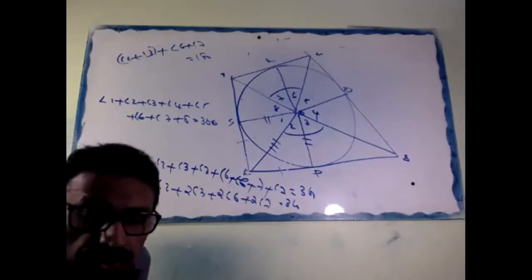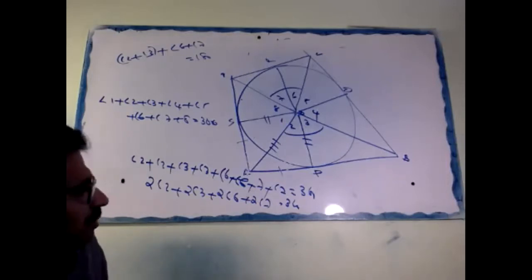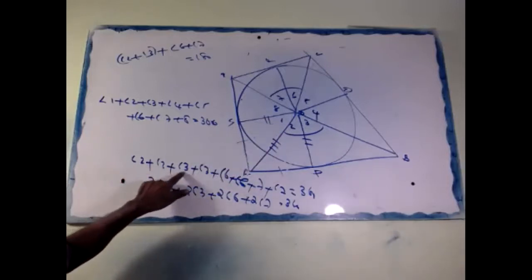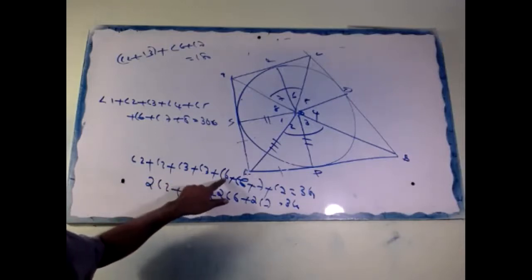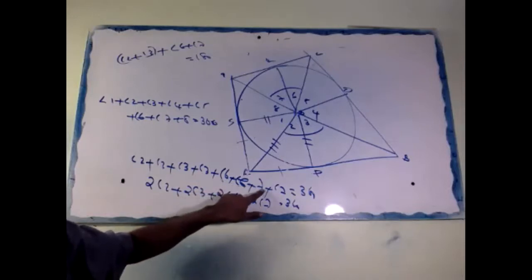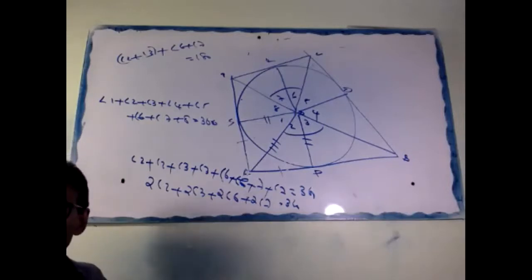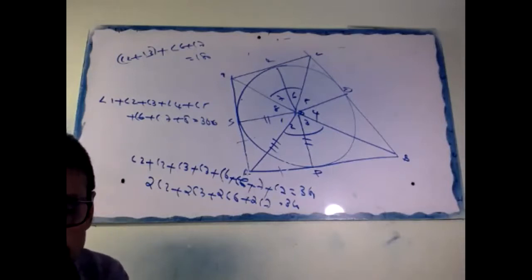Right. Angle 1 plus angle 2 plus angle 3 plus angle 4 plus 5 plus 6 plus 8 equals 360. Then we change. Instead of 1, we write 2. Again 2. 3. 4, replace with 3. 5, 6. Again 6. 7, 7 only. Instead of 8, 7. So then 2 times angle 2 plus 2 times angle 3 plus 2 times angle 6 plus 2 times angle 7 equal to 360.